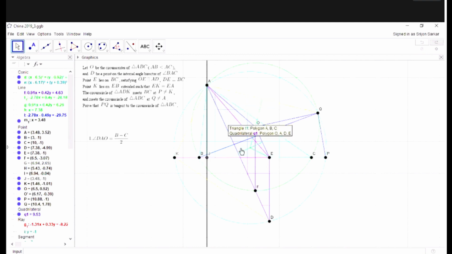Now the angle bisector of BAC will be the angle bisector of LAO as well, because we are subtracting equal parts from the angle.